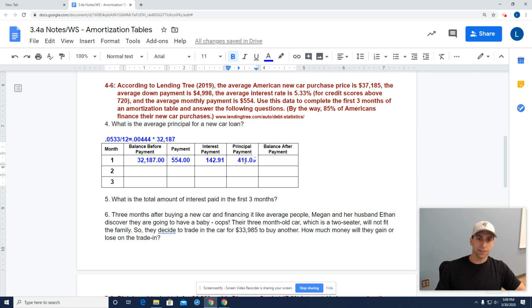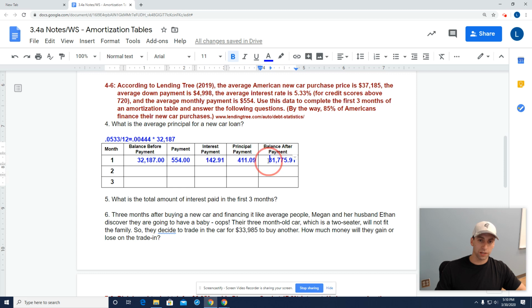And then since it's going towards the principal, I'm going to subtract it off of here. So I'm going to take the 32,187 and subtract that 411.09, and that gives me $31,775.91, which is my balance after I make my payment.